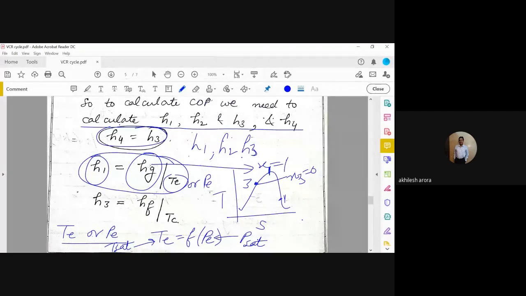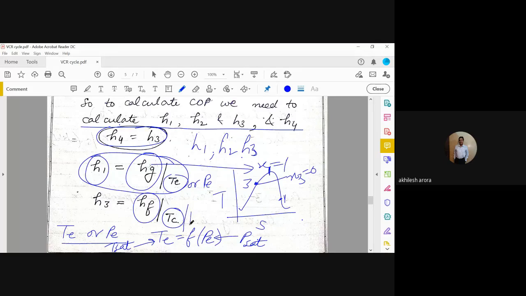So that means when we have to calculate the enthalpy of the saturated liquid, we will calculate the value of HF. Now this HF is to be calculated corresponding to the condenser temperature. TC is the condenser temperature. So we will calculate H3 corresponding to TC.